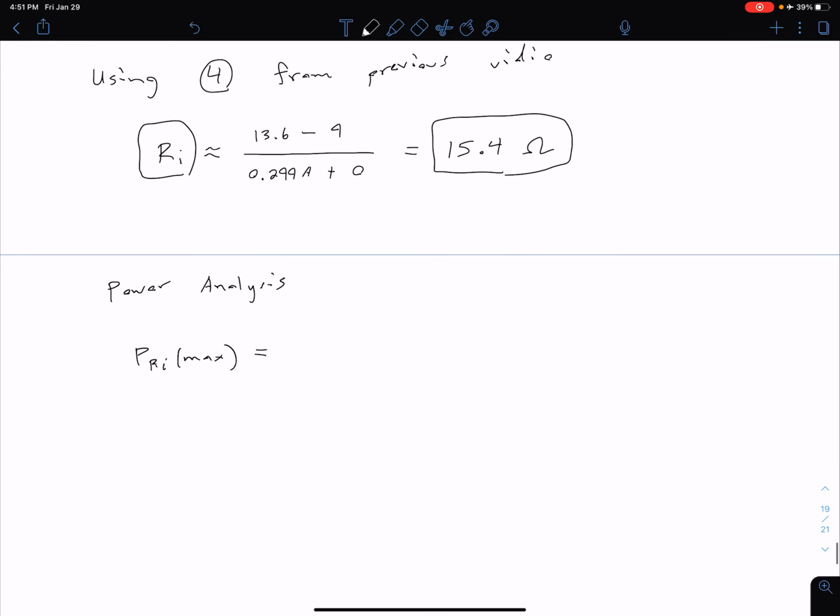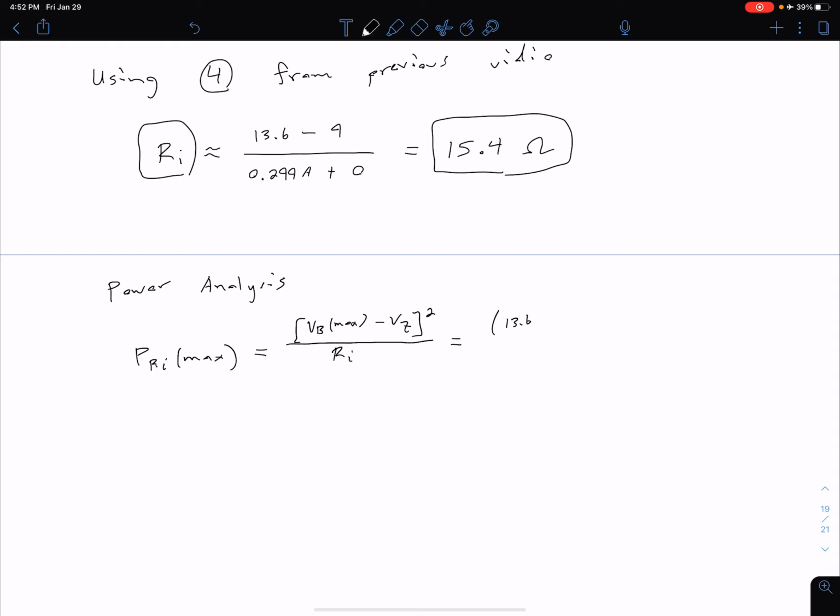What we can see is that the power, if we use V squared over R, the voltage across that resistor is VPS, or in this case, VB. If we're talking about maximum power, that's going to be maximum VB minus the Zener voltage, squared, divided by R. So now we just plug in values for this problem.